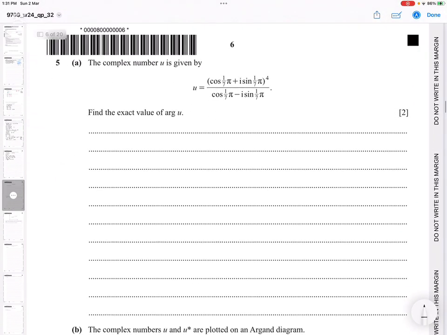Question number 5. The complex number u is given by this. Find the exact value of the argument. Complex numbers can be written in two forms, polar form or Cartesian form.